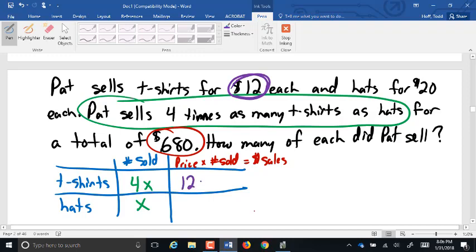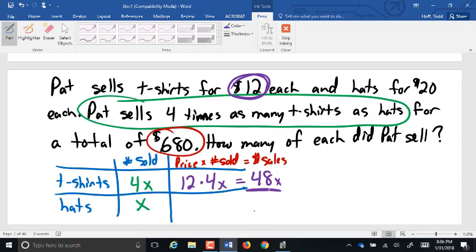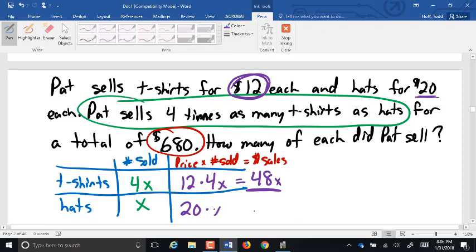So it's 12 times the number sold is 4x. So 12 times 4x is 48x for the t-shirts. For hats, what's the price? 20. How many were sold? X, right? So 20 times x is 20x for the hats.